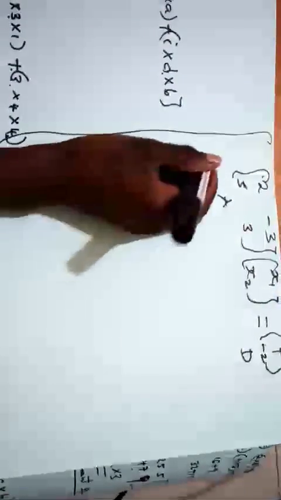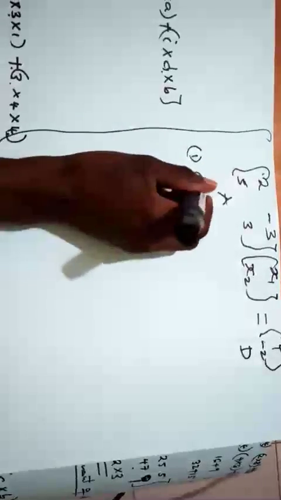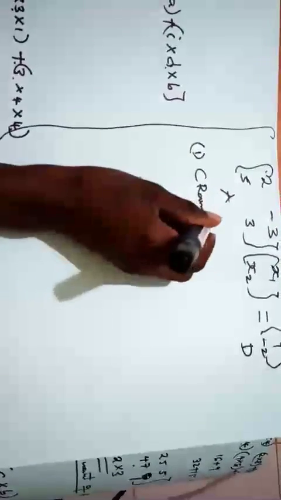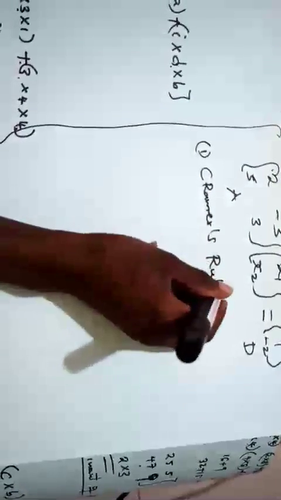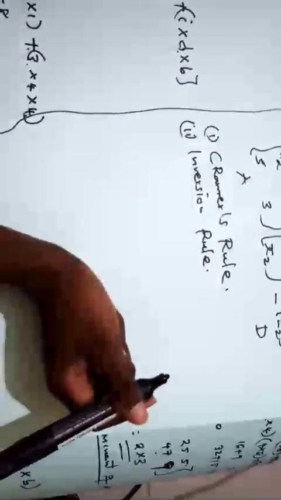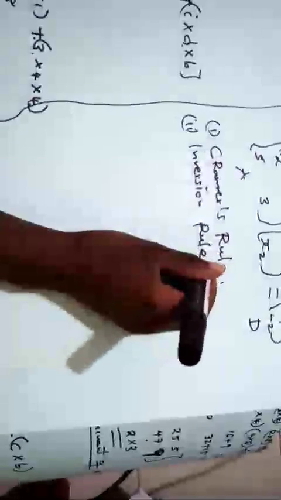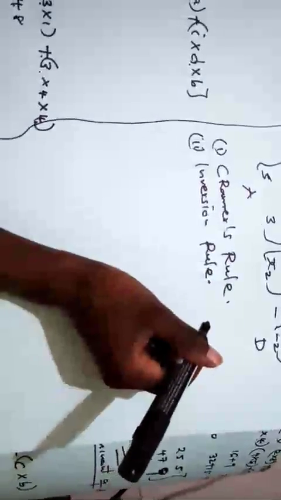So to solve this, what we normally do, we have two methods of solving simultaneous equations. One, we have the Cramer's rule, and also we talk about the inversion rule. So in most cases, we request students to use the inversion rule.